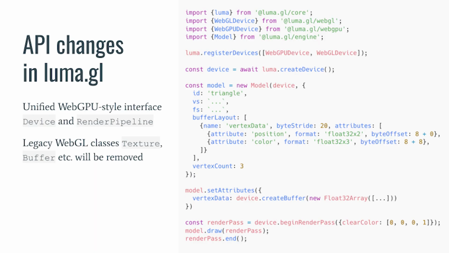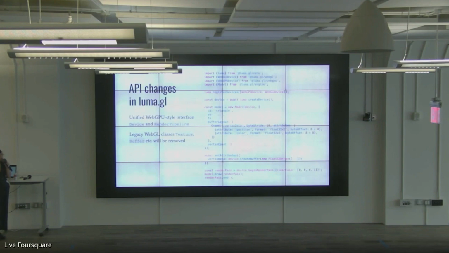In order for us to transition from a WebGL2 renderer to a WebGPU compatible renderer, there are a bunch of API changes coming to LumaGL. Most notably, Luma now has a more WebGPU-like API where it uses adapters and devices instead of legacy classes like texture and buffer.